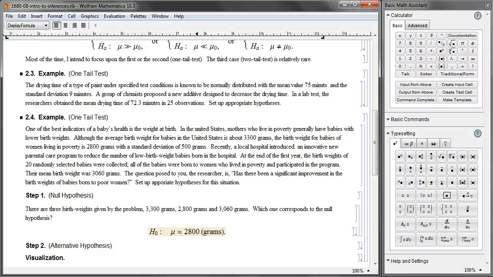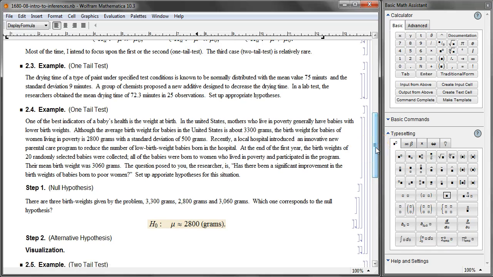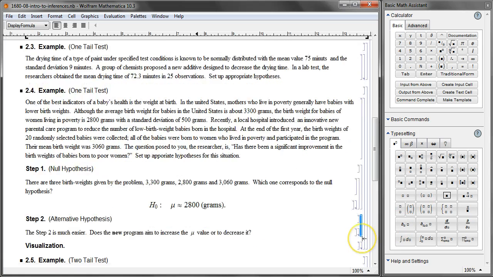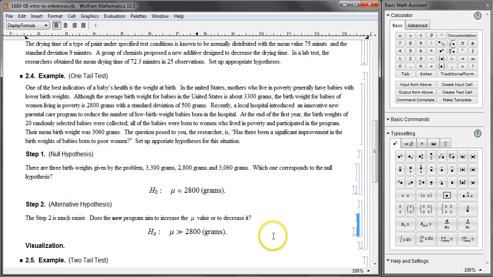That's for the women living in poverty before introducing this innovative new parental care program. Now, what is the after figure? 3,060, but that's not the alternative hypothesis. The alternative hypothesis is whether it is greater than or less than 2,800. It's like this. Significantly greater than 2,800 grams.